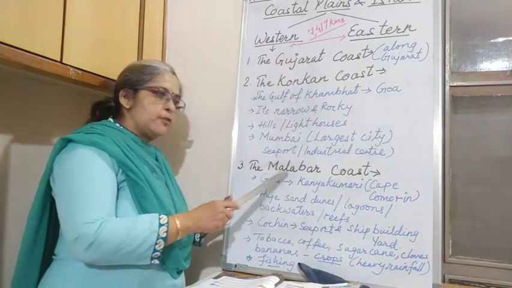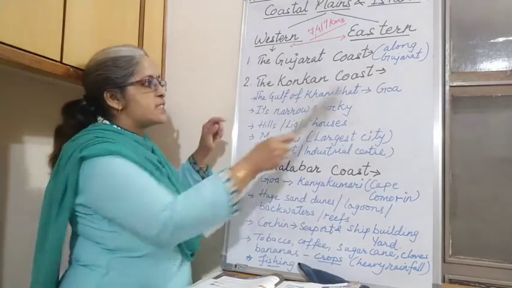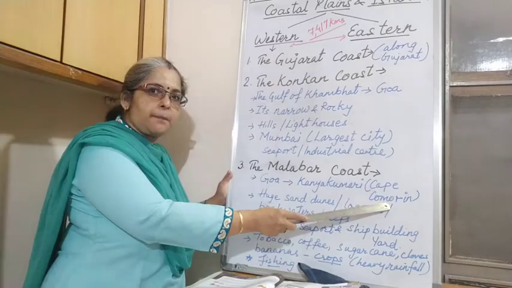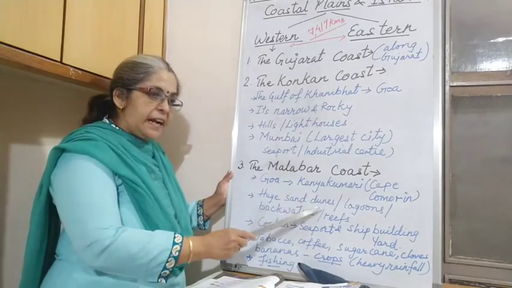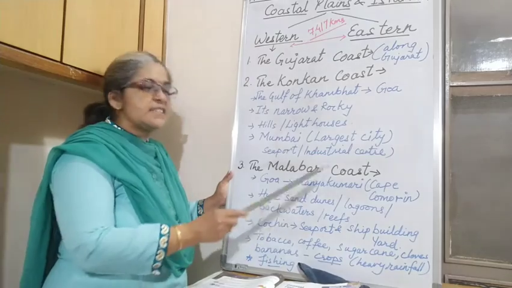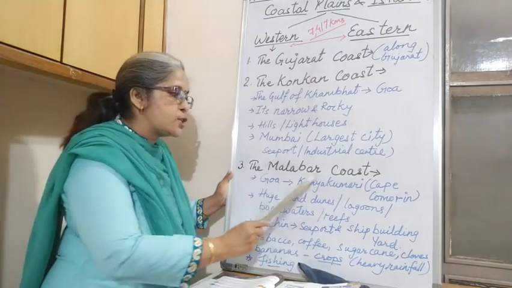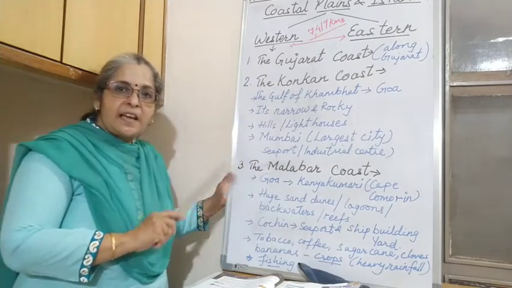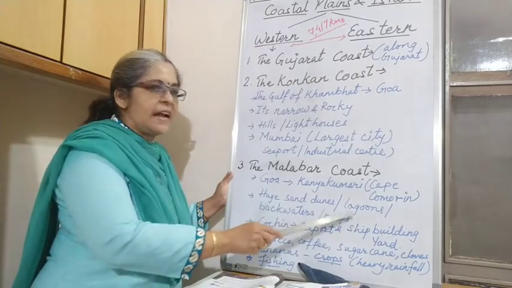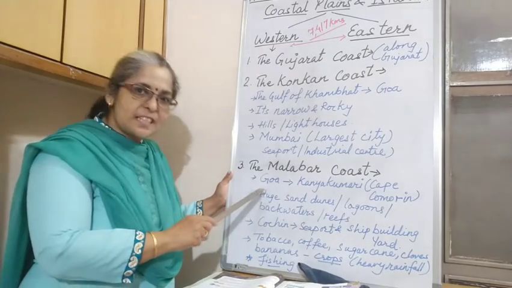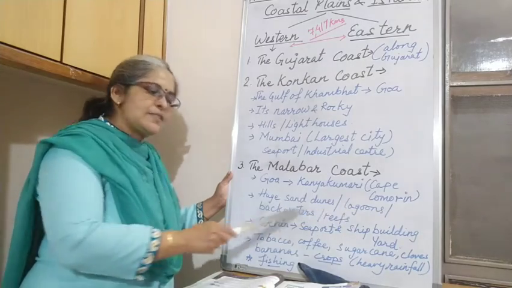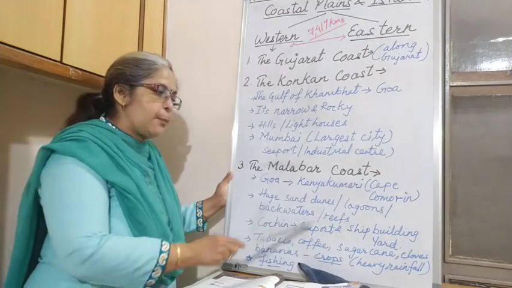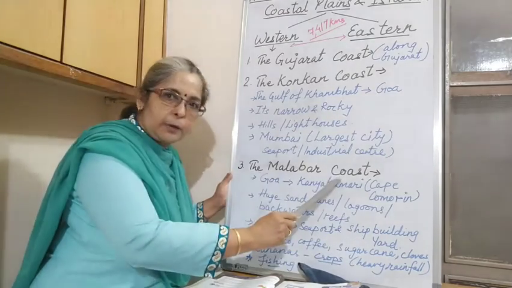Okay. Now if I move on to the Malabar coast, it starts from Goa to Kanyakumari, and Kanyakumari's another name is Cape Comorin. Huge sand dunes, lagoons, backwaters and reefs we find on the coast of the Malabar. In the Malabar coast, the state Kerala is famous for its backwaters and lagoons. The people who visit Kerala must see the lagoons and the backwaters there. Now, Cochin is the biggest seaport and shipbuilding yard in the Malabar coast.